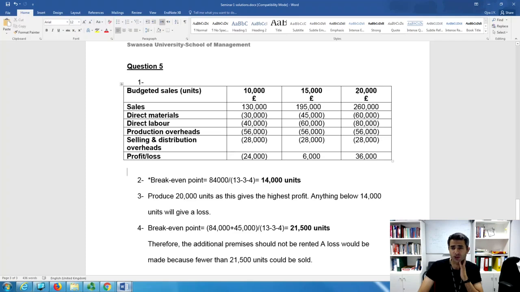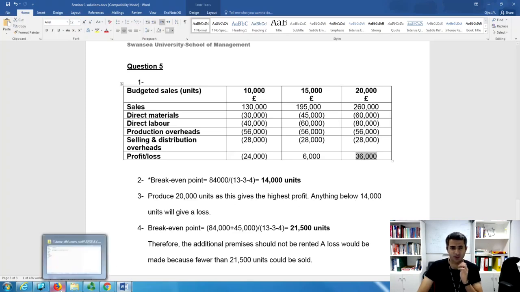Of course you advise them to use the 20,000 units. Why? Because this gives the highest profit. And anything below 14,000 units will give a loss, because that is the break-even point. We'll come to it in a bit.